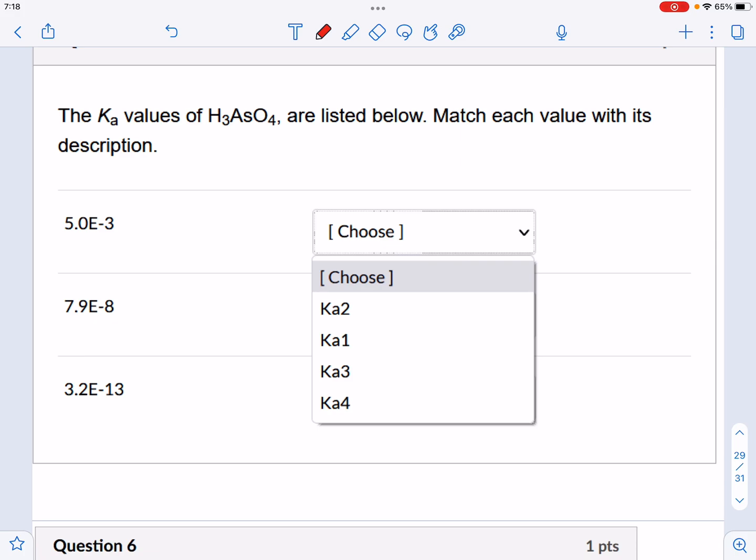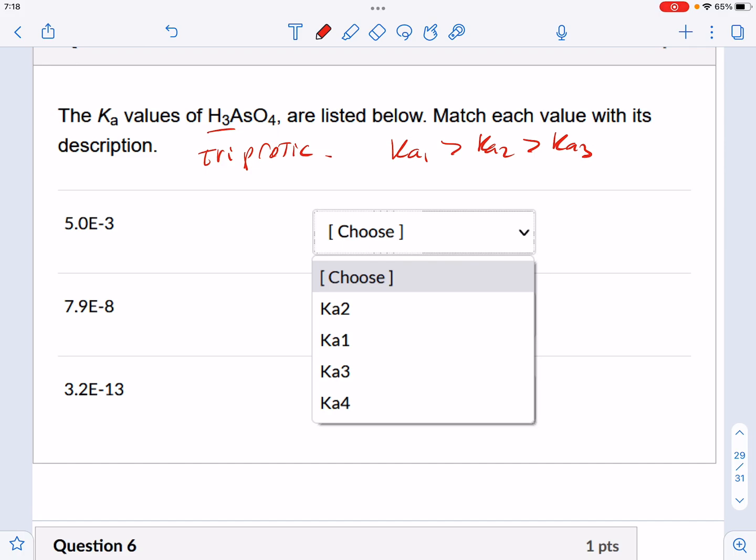Okay, Ka values for this acid. We can assume that this is a triprotic acid because you see 3 protons there. Each value with the description, well, Ka1 is larger than Ka2 and larger than Ka3. All right.